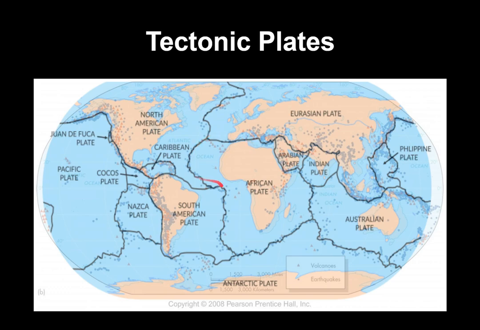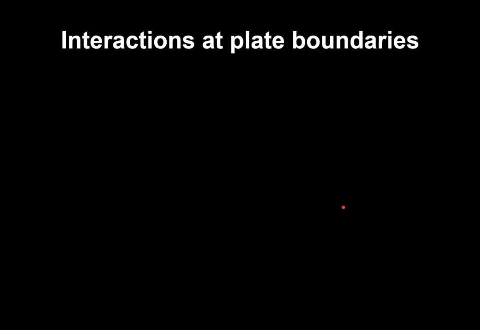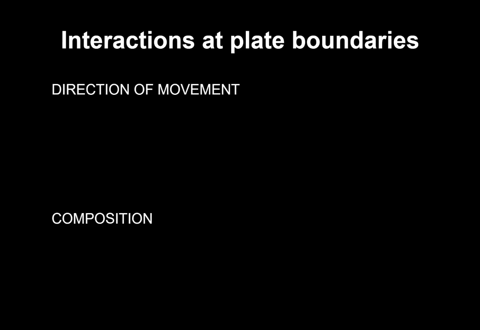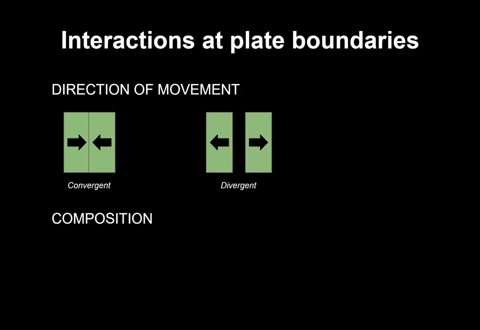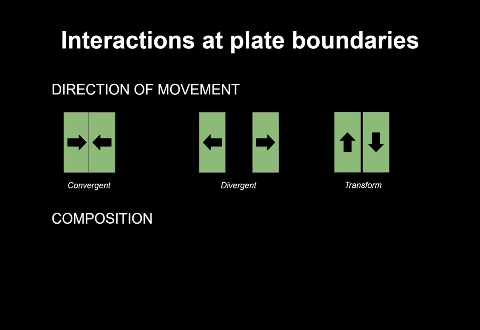We call each one of these fragments a tectonic plate, and at their borders, the tectonic plates interact. The exact nature of the interaction depends on the plates' direction of movement and also their composition. At a convergent boundary, plates move toward each other. At a divergent boundary, they move apart. And at a transform boundary, the plates slide past each other.